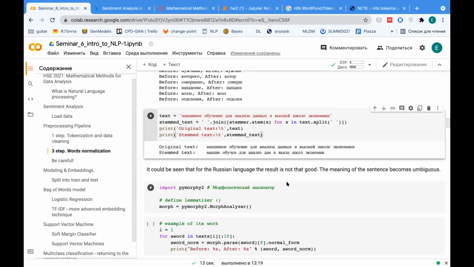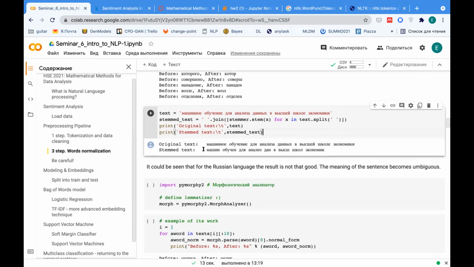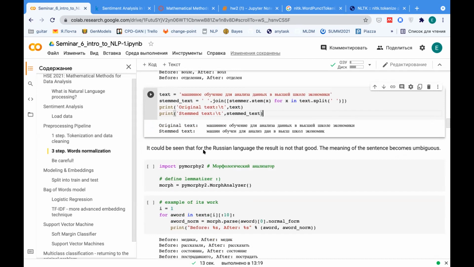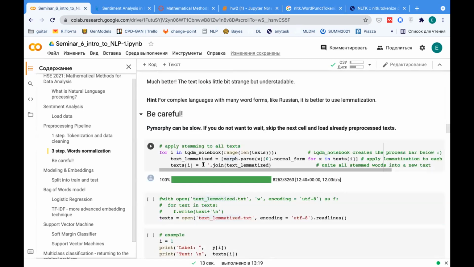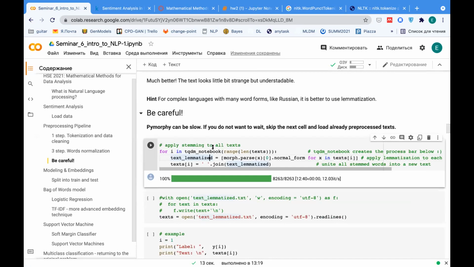For example, if we just want to calculate the number of some words, then it's not important how degraded they are. So we can use stemming also in Russian. But here, for our task, we'll use lemmatization again.